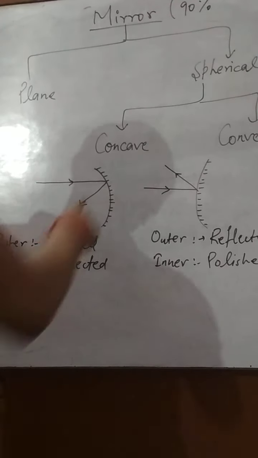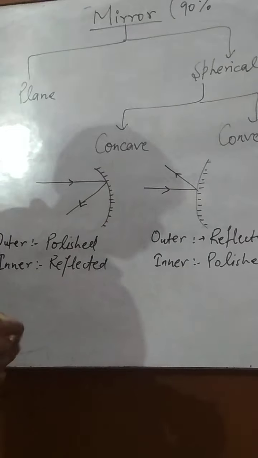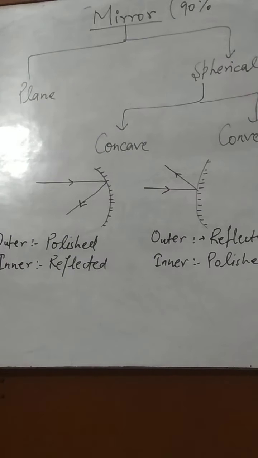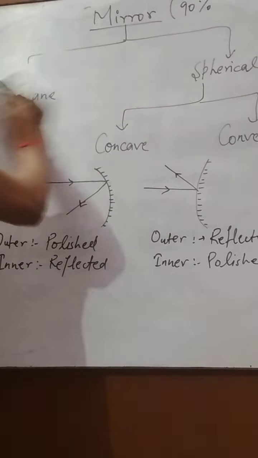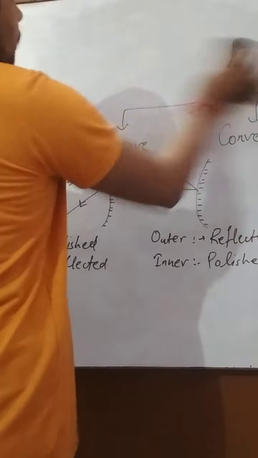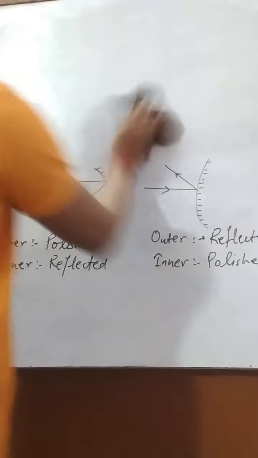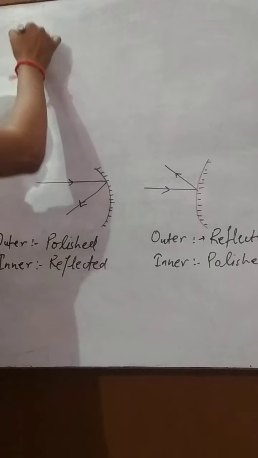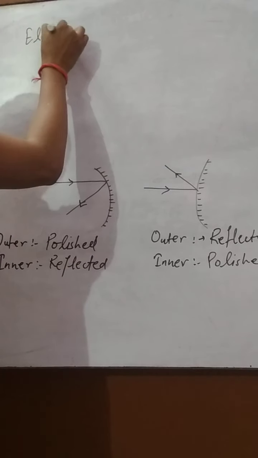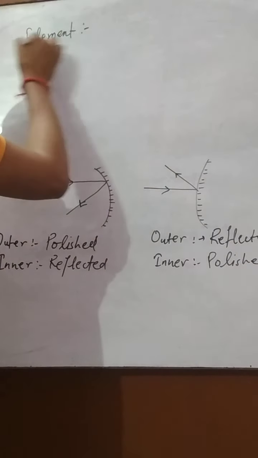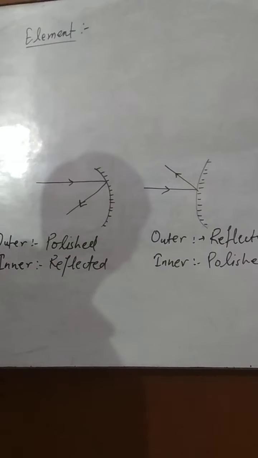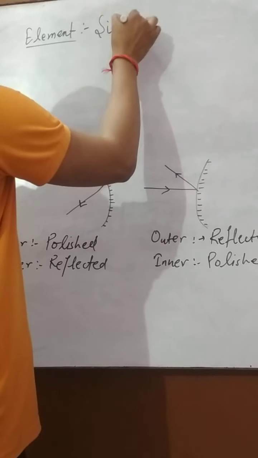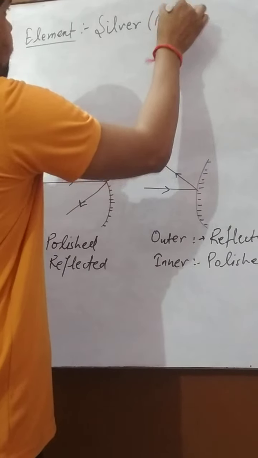A mirror is polished by one compound. I am going to tell you the name of that compound. It is polished by the element silver, Ag.